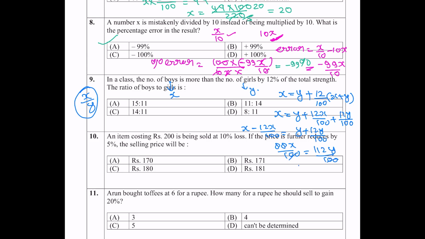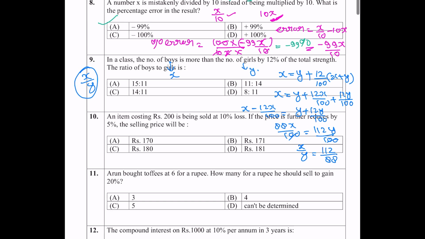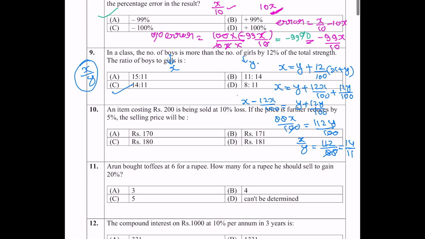Now 100 cancels out, so x by y is equal to 112 upon 88. So here if I divide by 8, this is 14 and this is 11. So we are getting x by y is equal to 14 by 11, and initially we assumed number of boys is x, number of girls is y. So x ratio y we can write as 14 ratio 11. So this is the solution for question number 9.